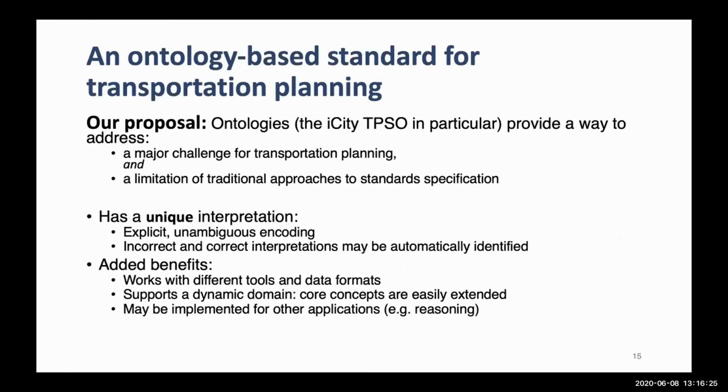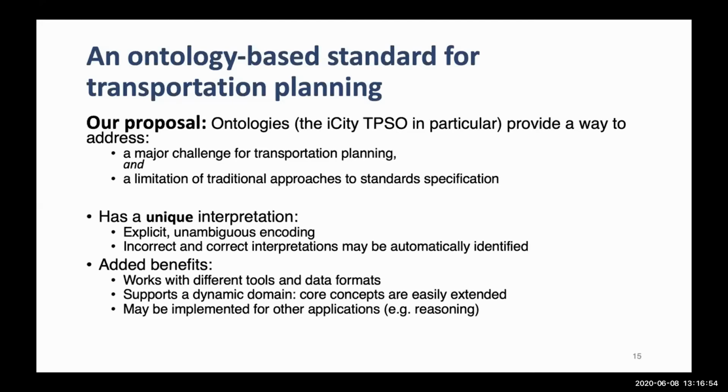So given all this, we propose that ontologies, and in particular the iCity ontology, provide a way to address both this data challenge for transportation planning, as well as this limitation of traditional approaches to standard specification. In particular, because the iCity ontology has a unique interpretation, which means that it has an explicit and unambiguous encoding, it's not going to be subject to these issues of ambiguity.